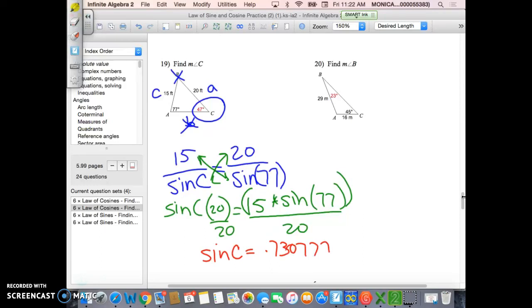So then I just hit second sine, second answer, and you should get about 46.9. So we gotta do sine inverse. So C equals 46.95, which rounds up to 47 degrees, which is what I got.